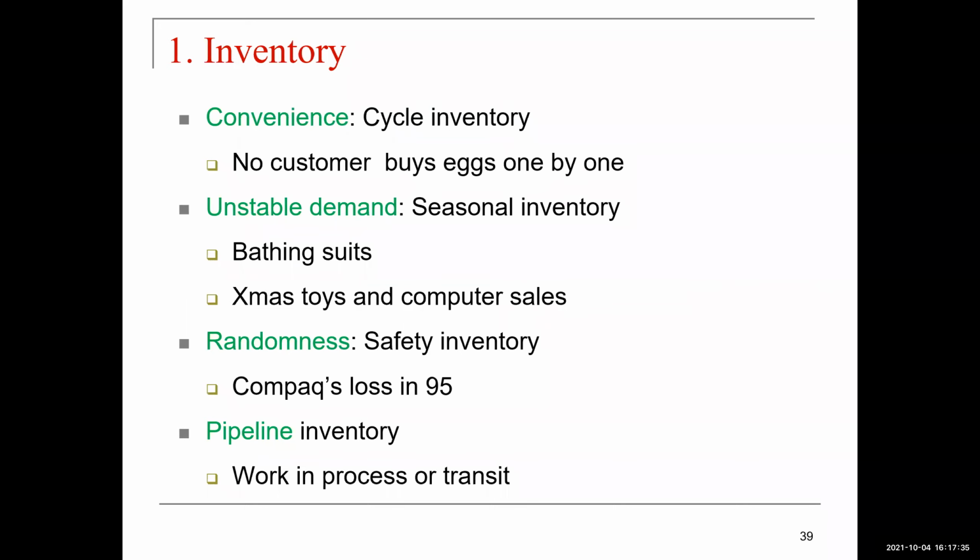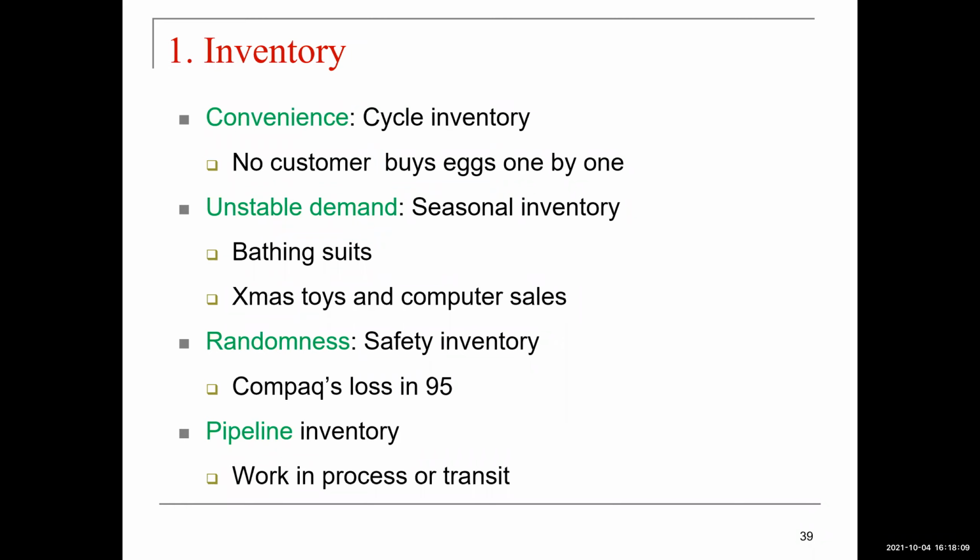In terms of inventory, convenience involves the cycle inventory. For example, a customer buys X one by one, so you know that you have to provide a product in packs of 12, 24, or 36 X. Unstable demand is one that varies with the seasons, for example bathing suits, Christmas toys, and computer sales. And for randomness, you keep safety inventory.